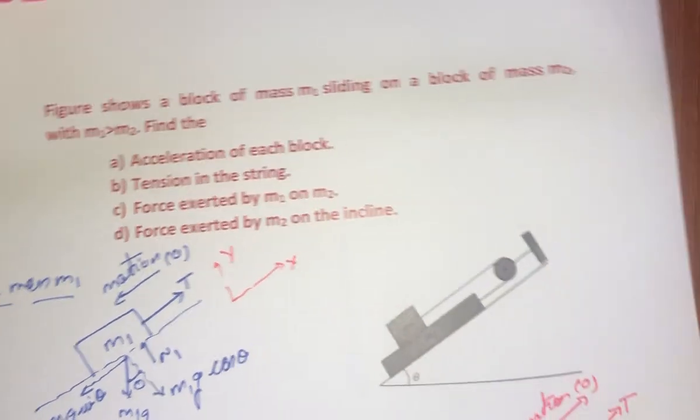The next part, we are supposed to find out what will be the tension. So we can use any of the equations, either equation 1 or equation 3, and we already know the value of a. From this we can find out what our tension will be.